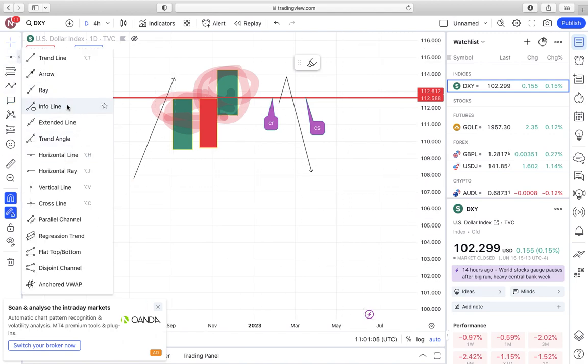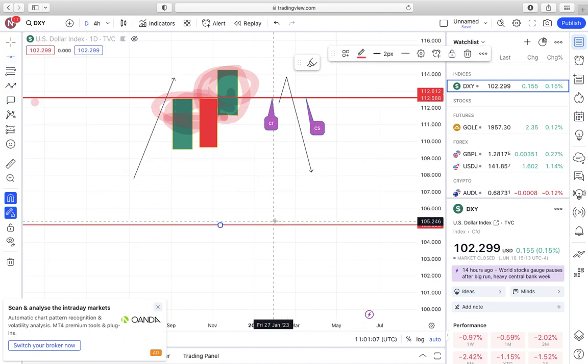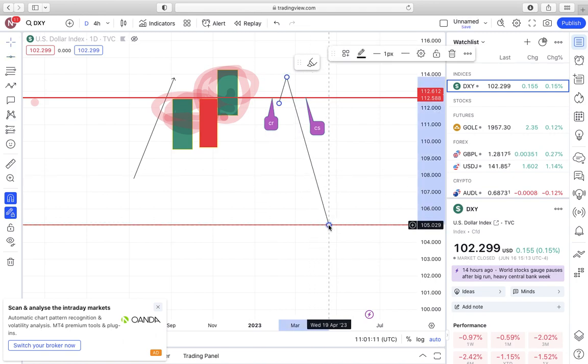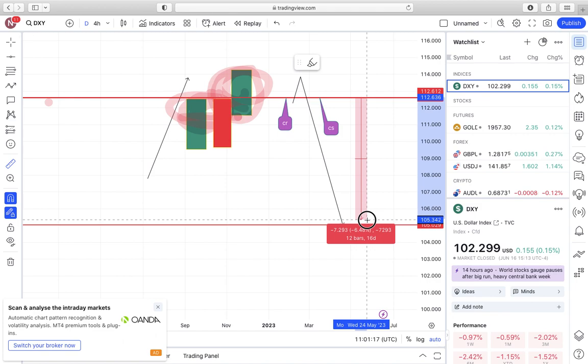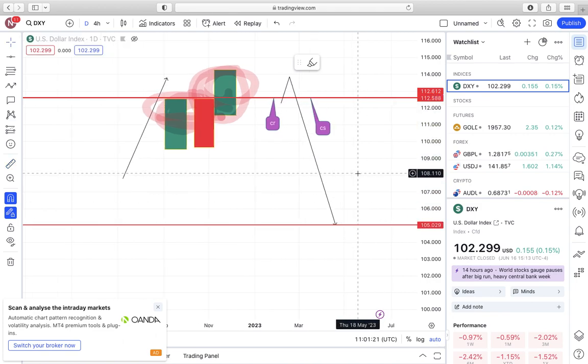Let me say your previous support will be somewhere here, which means this will all be the take profit. How many pips? About 7,000 pips. That one is crazy. And that is how resistance is created and also violated.